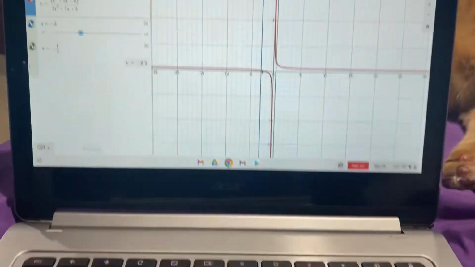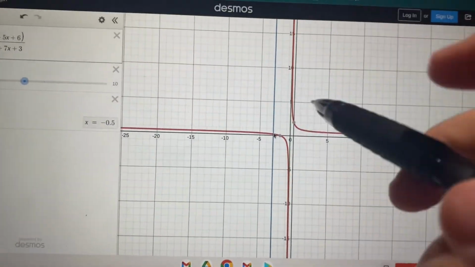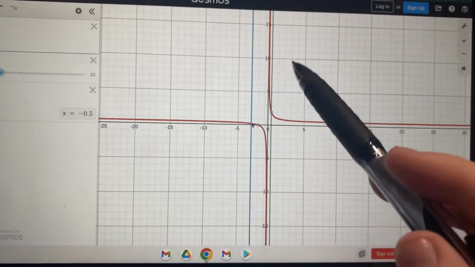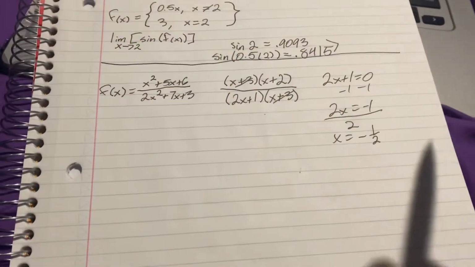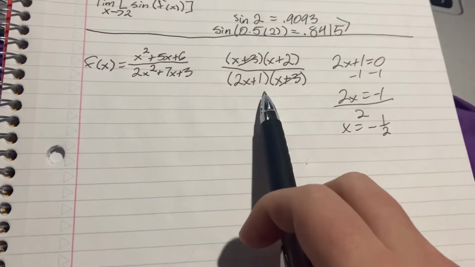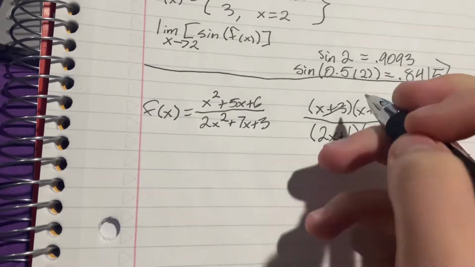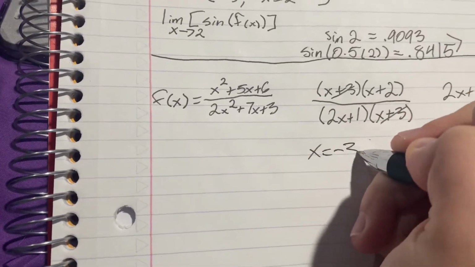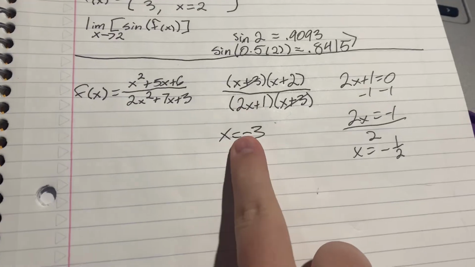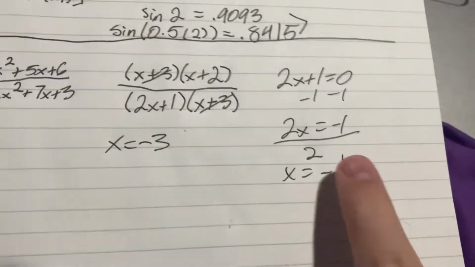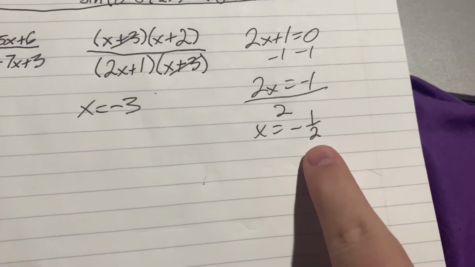So as we can still see on the graph, we have a vertical asymptote at -1/2. So we can see that at x equals -3, we have a POD, a point of discontinuity, and then we have a vertical asymptote at -1/2.